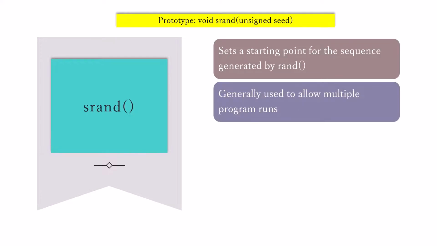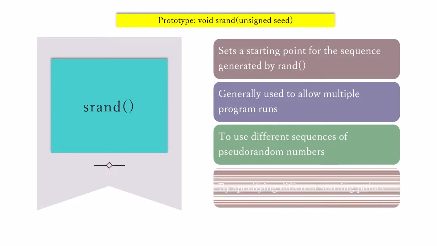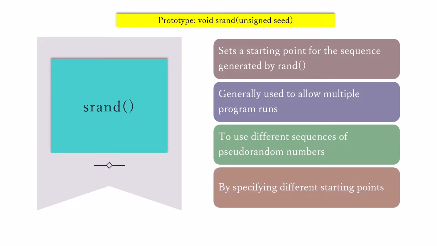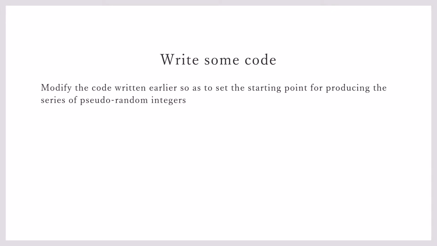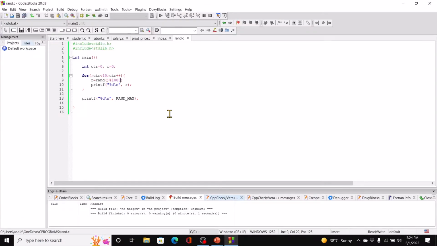It's generally used to allow multiple program runs to use different sequences of pseudo-random numbers by specifying different starting points. So modify the code written earlier so as to set the starting point for producing the series of pseudo-random integers. So let's go back to the code and we'll just change that code.